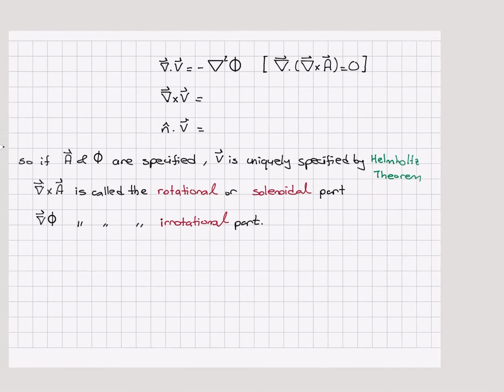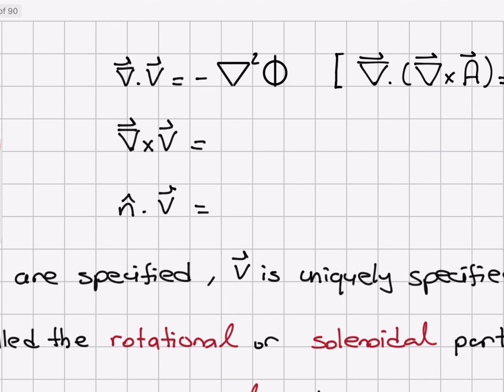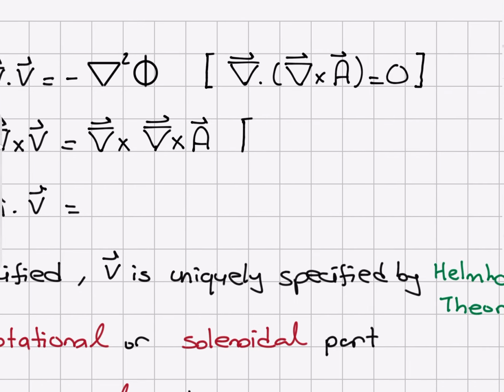On the other hand, if I consider the curl of V, since the curl of the gradient is 0, I will get curl of A. So curl of V is curl of A, because we have curl of a gradient of a scalar function phi equal to 0. We have just shown that.